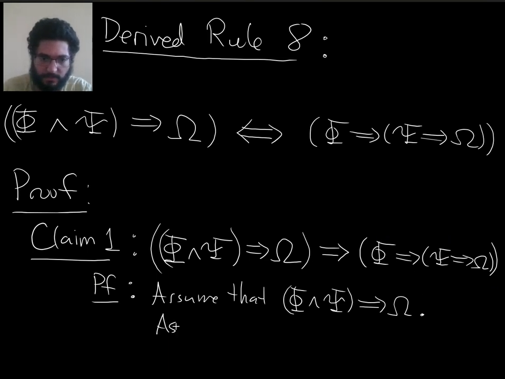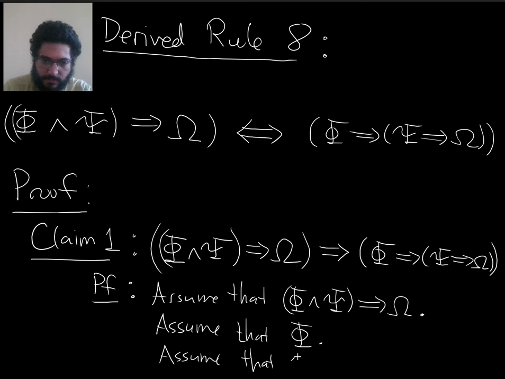So assume that phi. So this first assumption is for the sake of proving this implication, and the second assumption is for the sake of proving this implication. Now my goal is to prove this implication, right? So to do that, same deal. I assume the hypothesis. Assume that psi. So I'm assuming this. And now my goal is to prove this omega.